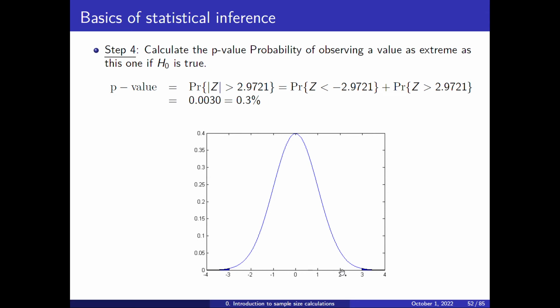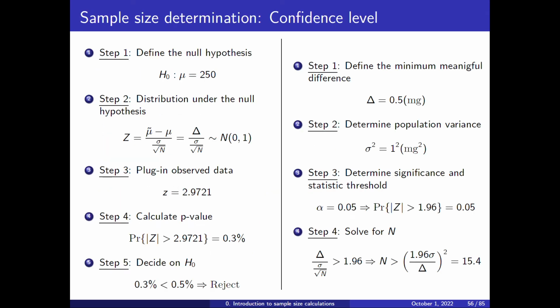So I can put the threshold on the p-value, or I can put the threshold on set. I can put the threshold on this 1.96, and that is what we are doing here. If your set is larger than 1.96, you will reject the null hypothesis, because your p-value will be for sure smaller than 5%.